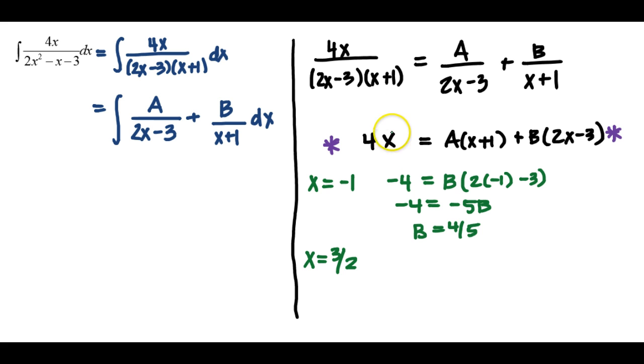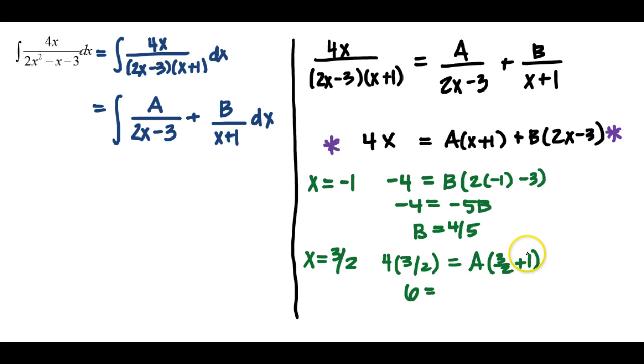So if I plug in x right here into this 4x, I'm going to have 4 times 3 over 2 equals, and so now I'm plugging 3 over 2 into this a, so I'm going to get a times 3 over 2 plus 1. So on this left side, this is 12 over 2, which is positive 6.